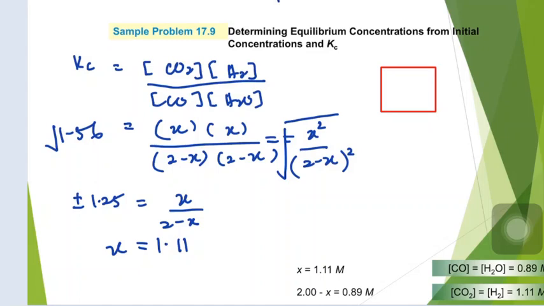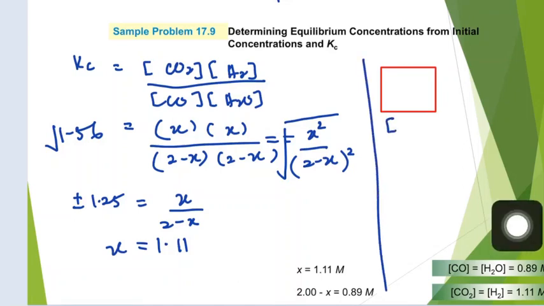When X is equal to 1.11, then we know that the concentration of CO2, which is equal to the concentration of H2, is 1.11 molar.